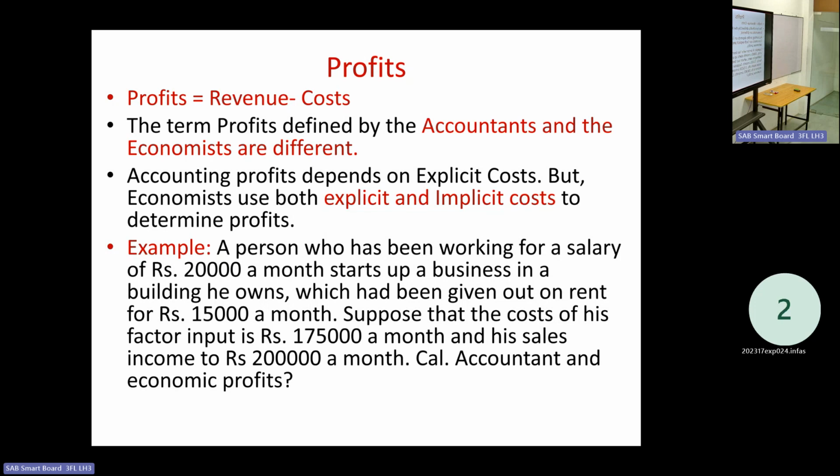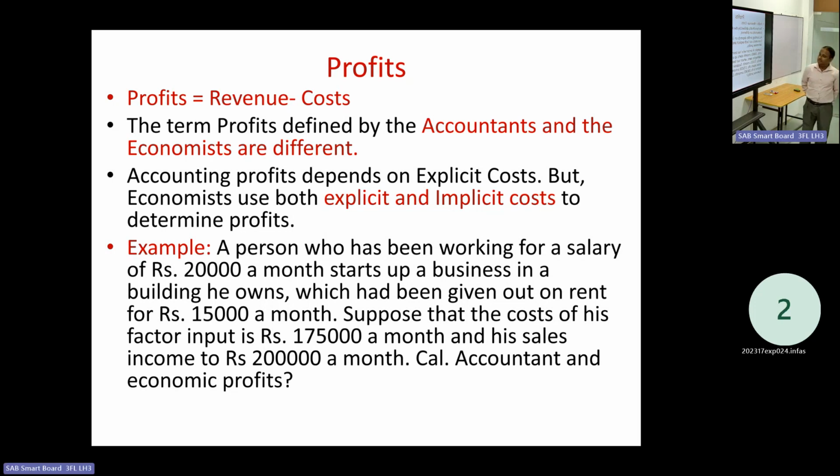Implicit cost means opportunity cost. By starting this business, if he works somewhere else, he can earn 20,000. That is the complete cost of starting this business: salary forgone and rent forgone, because if we rent out to other people, we can earn 15,000 a month.